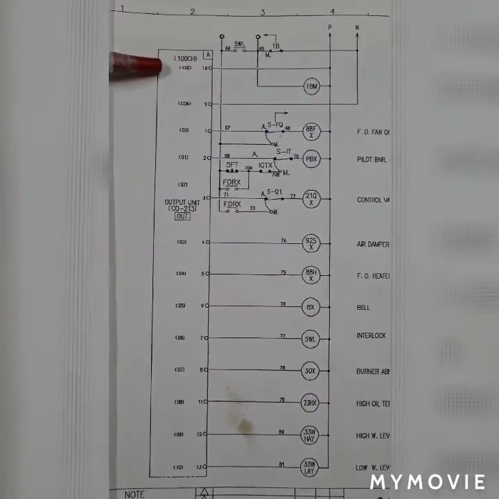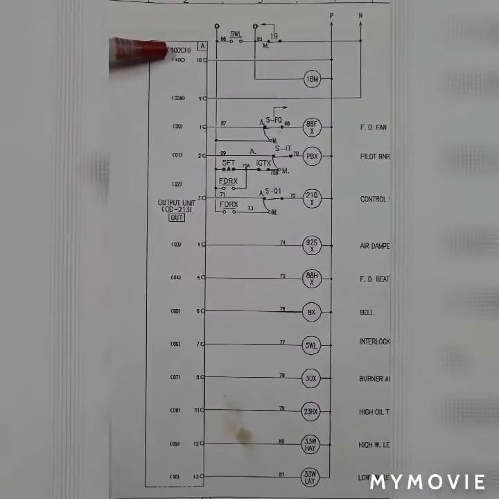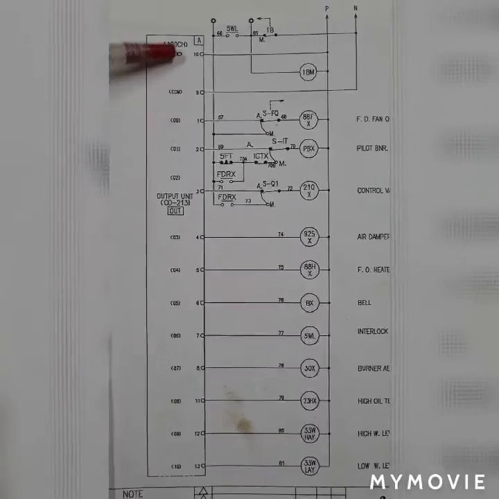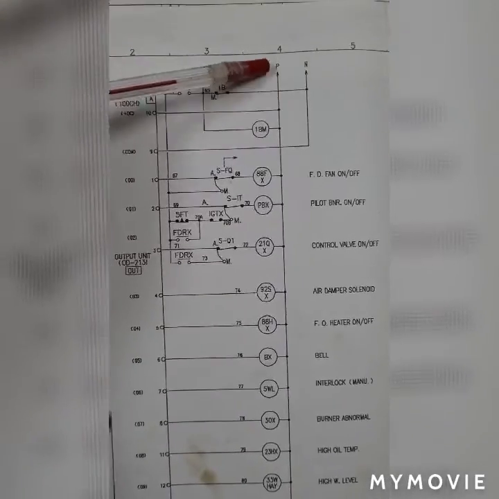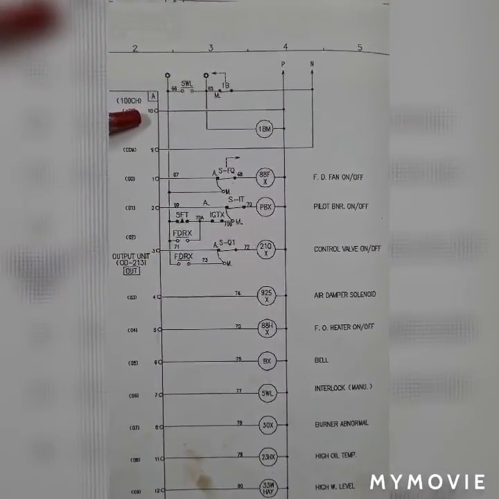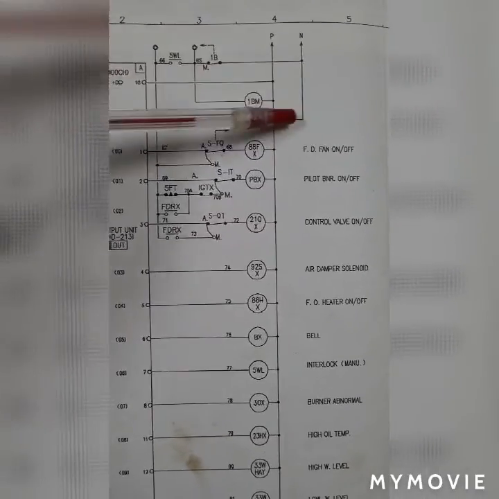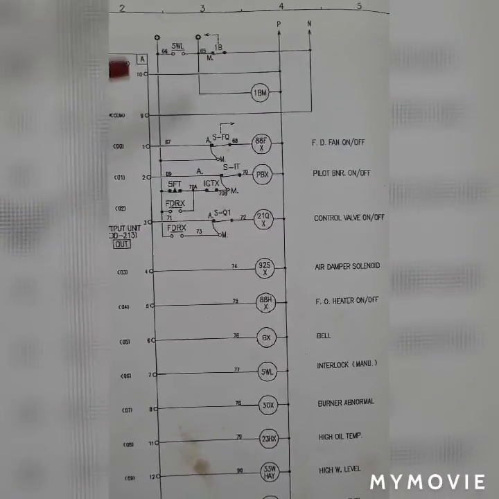PLC output, we have 100H, 100 with the supply, terminal 10, and negative on terminal.